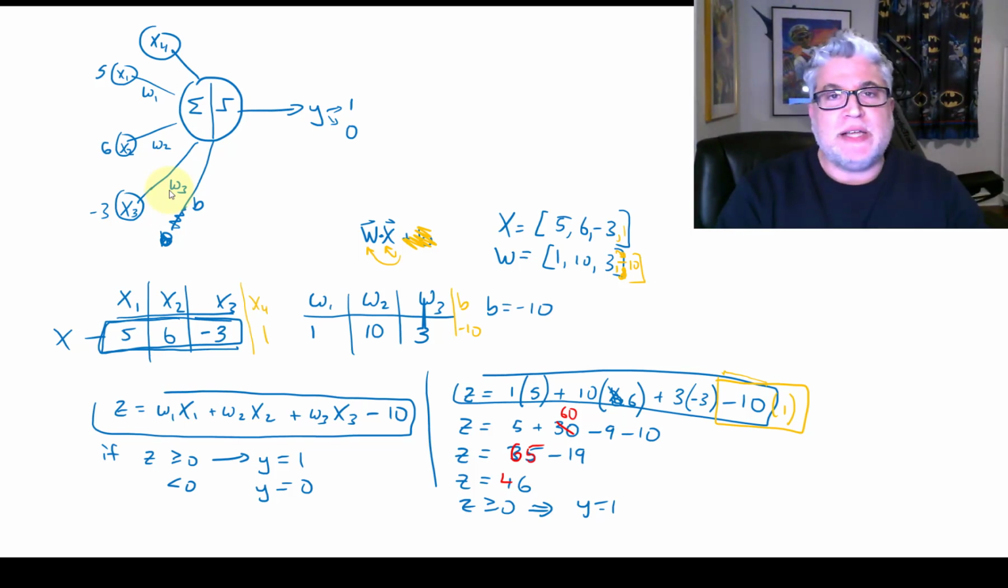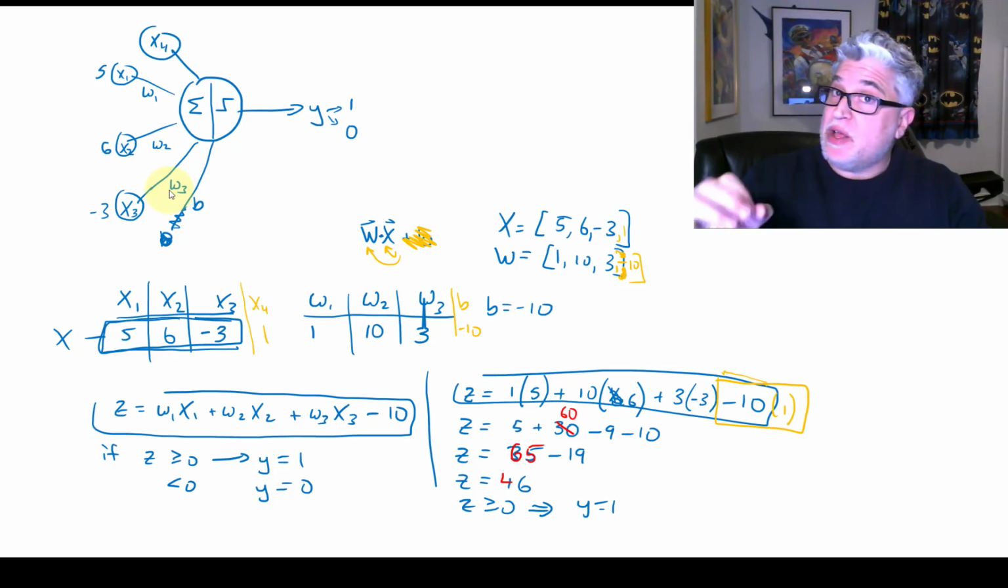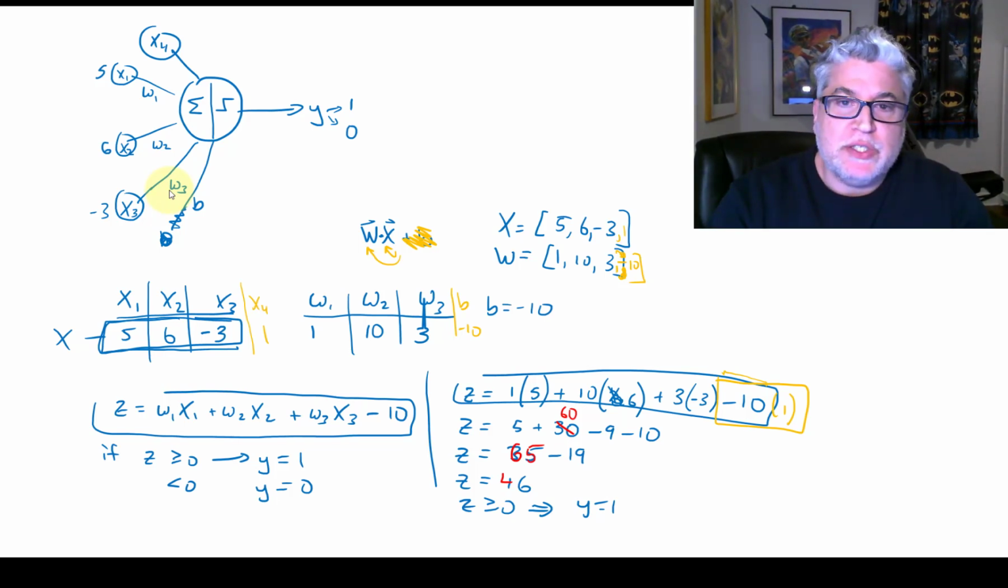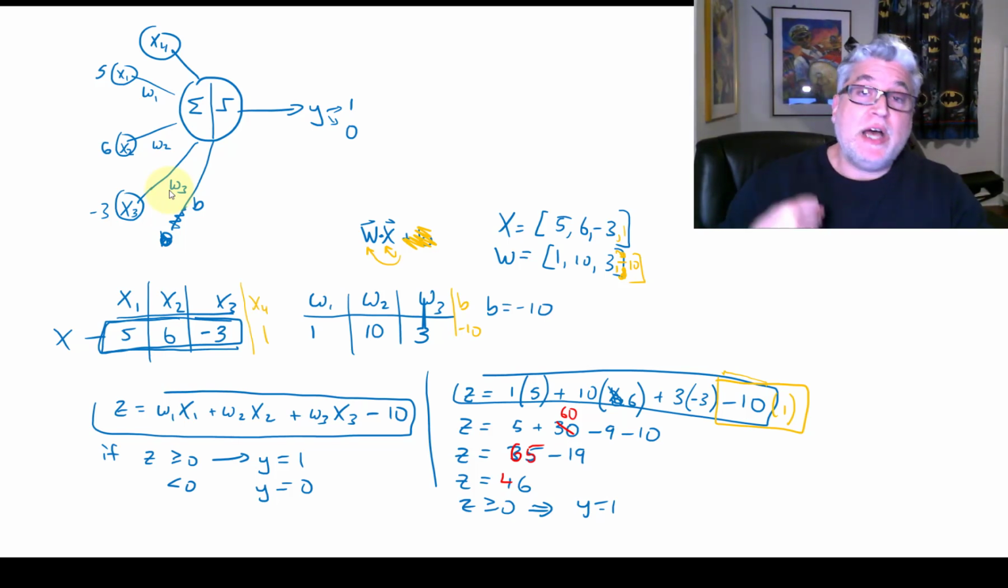But it turns out that the strength of AI models is that the process of training an AI is the process of learning descriptive and powerful weights and biases for your model. What we're going to do is feed a ton of training examples into the model.